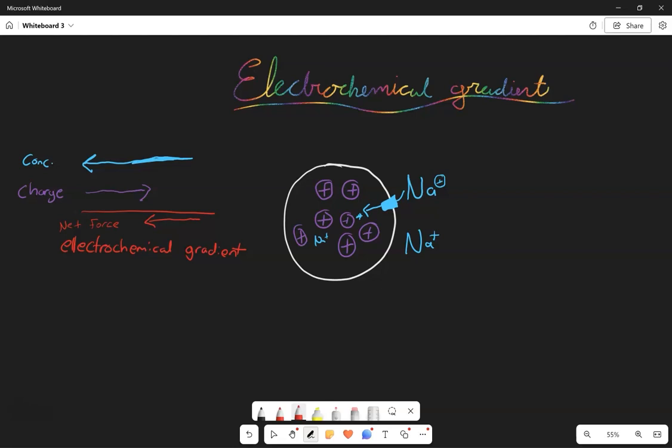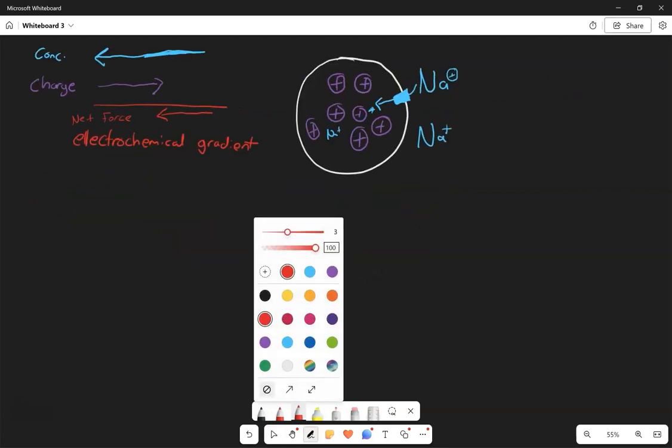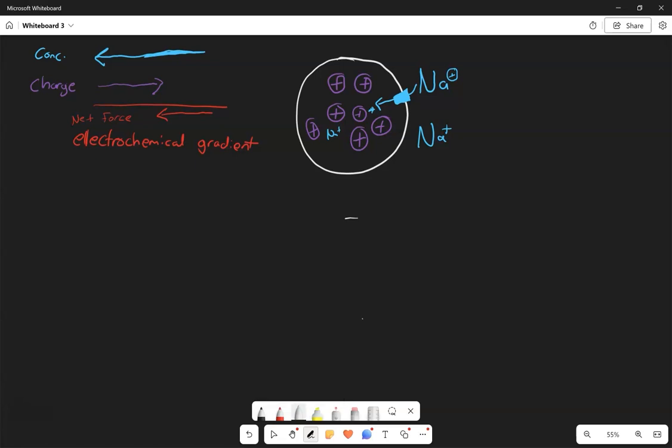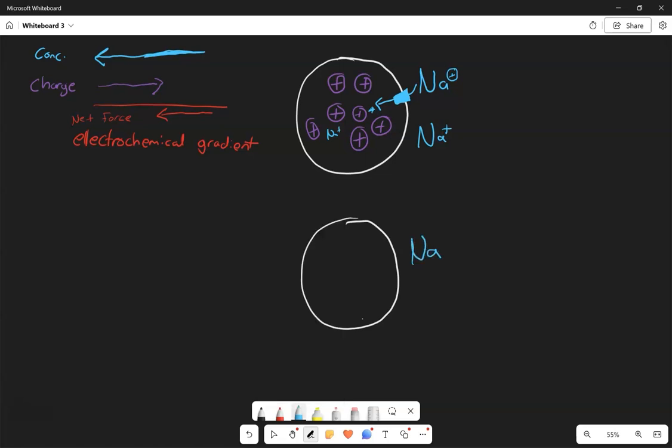Okay, so we have to account for both the concentration gradient and that charge gradient. So what happens if, let's say, we take this, and let me move my screen up a little bit, and we'll draw another cell. We're going to do the same thing. We're going to put a high amount of sodium on the outside, and a low amount of sodium on the inside. We'll put in a sodium channel so that sodium can move through the membrane.